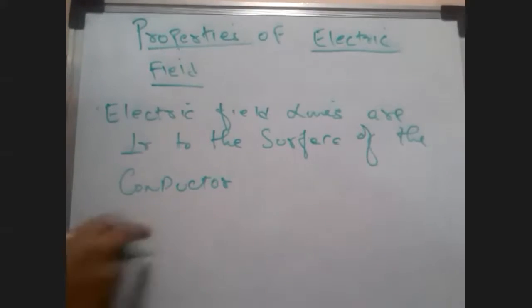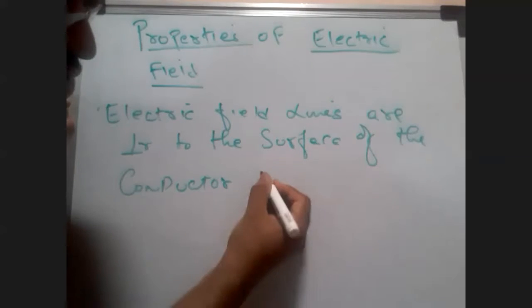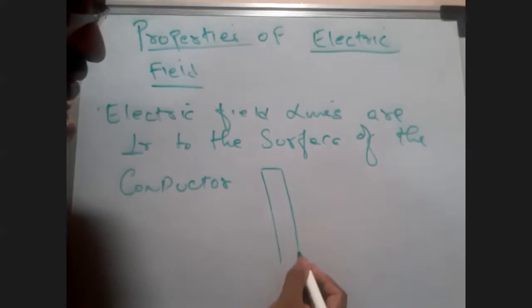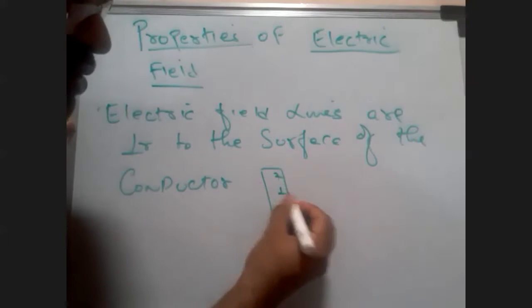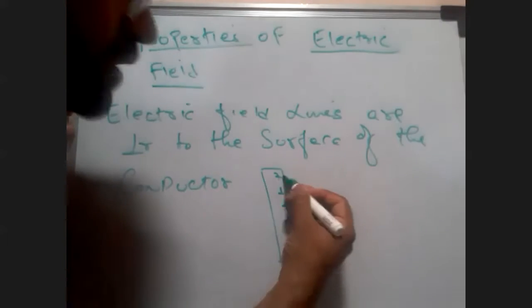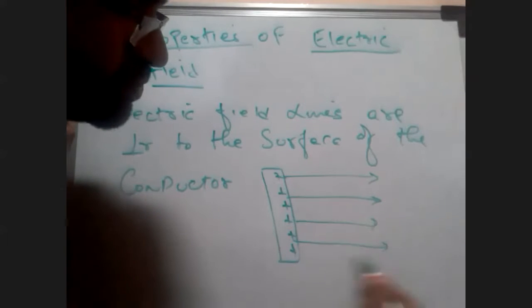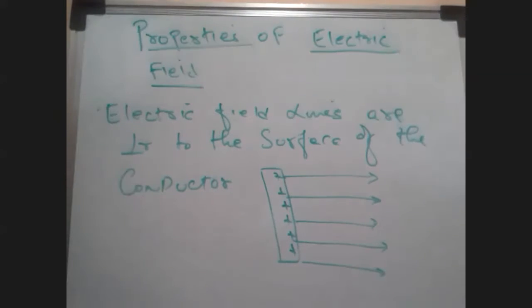Now we will understand what conductors are in that topic. But right now what you have to know is that if there is a conductor like this, electric field lines are generated in such a way that they are perpendicular to its surface.